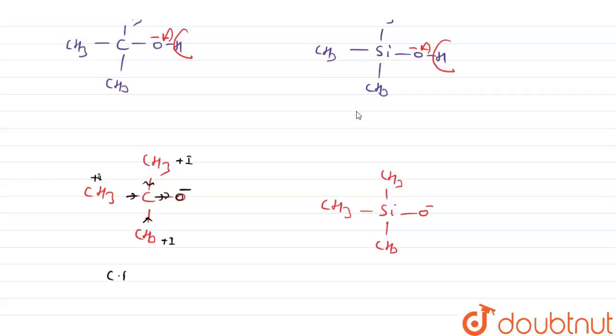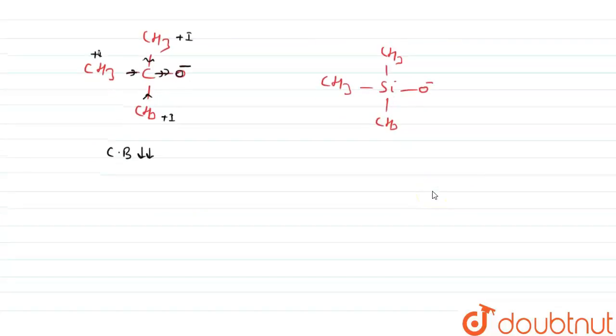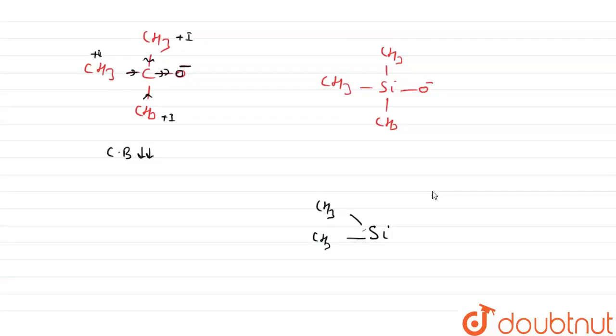So this conjugate base is very unstable, but the other conjugate base is very stable because silicon has empty d orbitals. Here silicon has three CH3 groups and O minus. This negative charge can do back bonding into the empty d orbital of silicon, so it is delocalized.